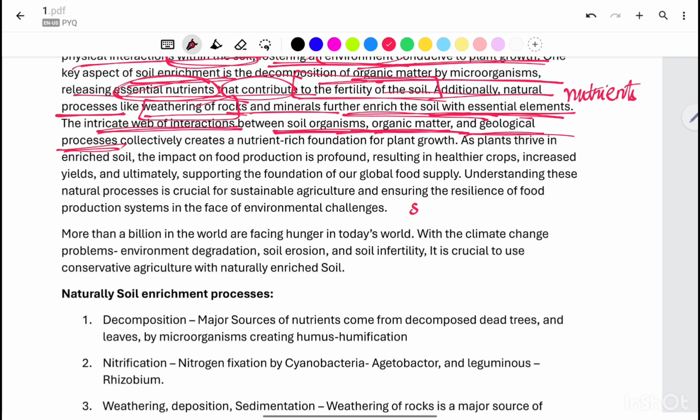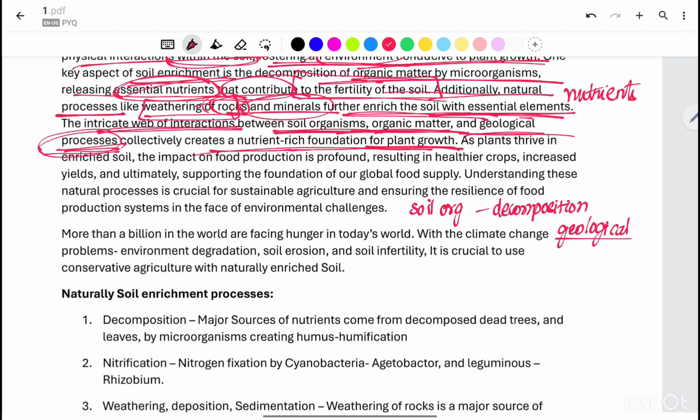The organisms present in the soil are responsible for the decomposition of organic matter, plus geological processes like the weathering of rocks and minerals play an important role in increasing the nutrients of the soil, therefore benefiting plant growth.